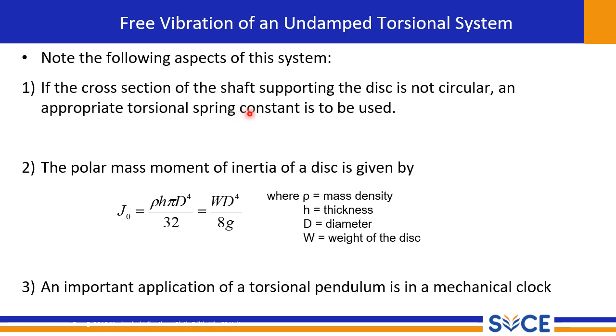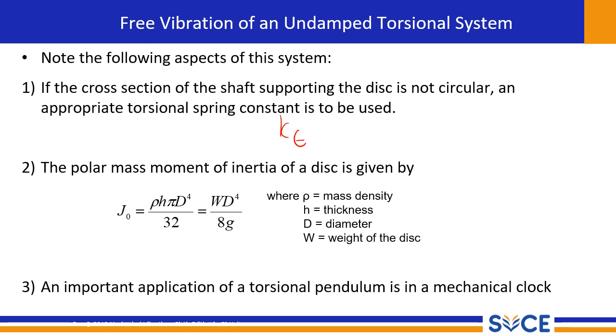If the shaft supporting the disc has a non-circular cross-section, we cannot directly use the standard formula for torsional spring constant. In such cases, we need to determine the appropriate torsional spring constant, that is Kt, based on the specific geometry of the shaft. This often involves more complex calculations or experimental measurements.